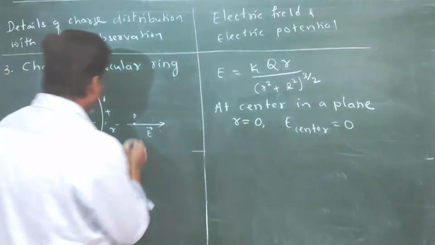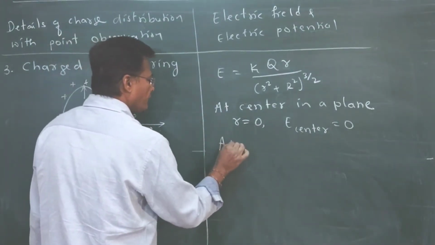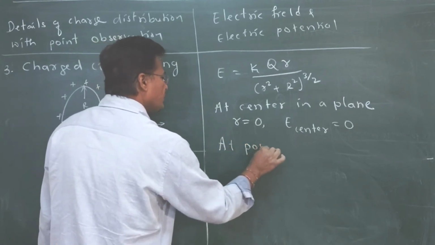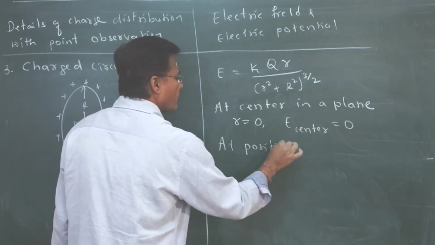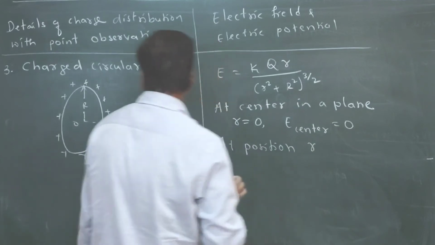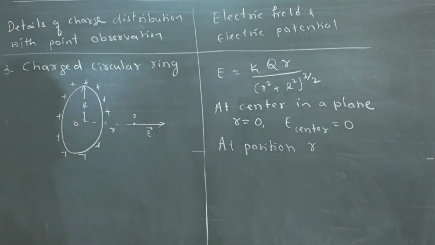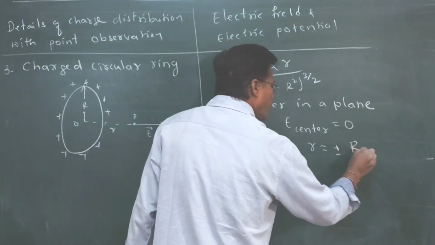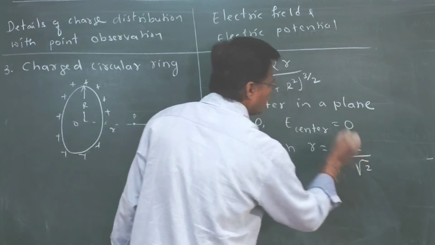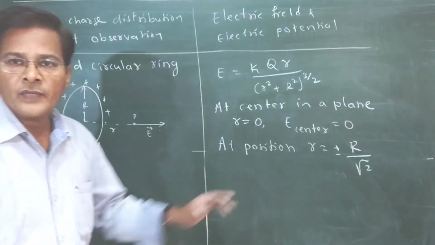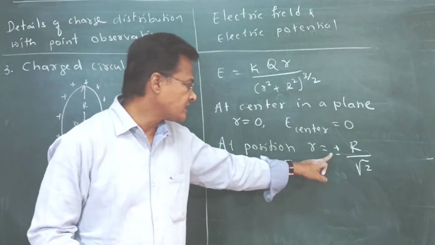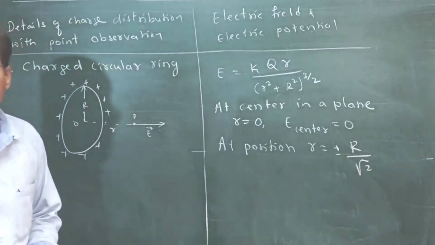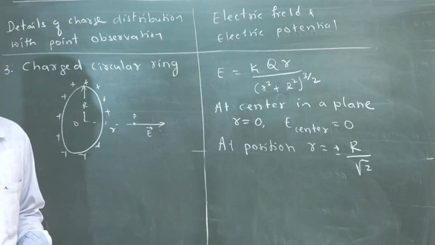Now at the position r equal to plus or minus R divided by root 2, what will be the electric field value?